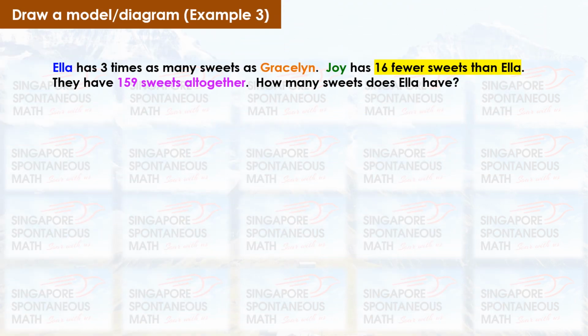Ella has 3 times as many sweets as Gracelyn. Joy has 16 fewer sweets than Ella. They have 159 sweets altogether.